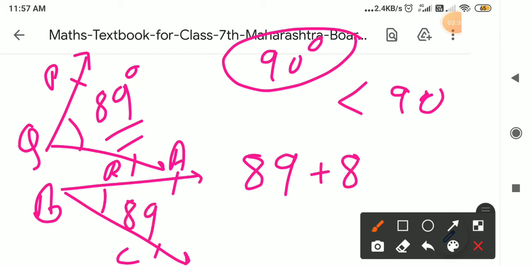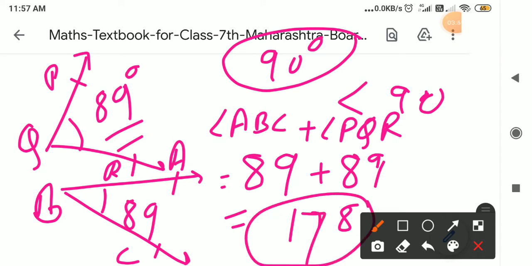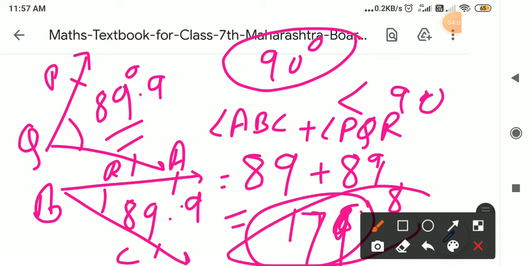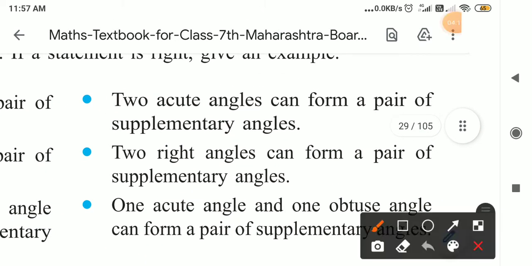So I will add angle ABC plus angle PQR, which equals how much? 89 plus 89 is equal to how much? 178. And that's why, even taking the biggest two acute angles, if we take 89.9 also, here it will come to 179.8, but it is not 180 degrees, and that's why two acute angles cannot form a pair of supplementary angles.